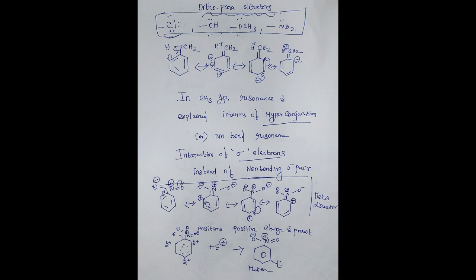This methyl group resonance is explained in terms of hyperconjugation. It is the interaction of sigma electrons instead of non-bonding electron pairs. So look at the resonating structures. Here, the sigma electrons are involved in migration. They have 4 resonating structures.